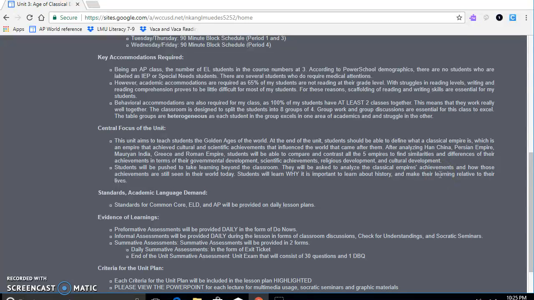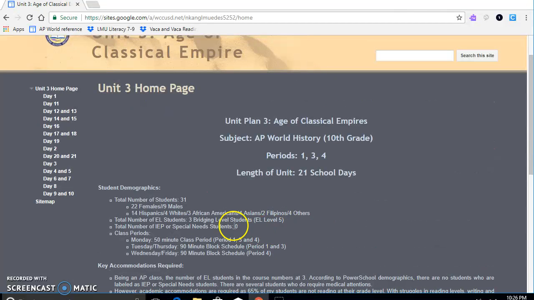Also, because they're classical empires, they achieved a lot of things that we're still seeing in the world today. So hopefully by the end of the unit, my students will be able to see how history is relevant to their lives, as they can see the achievements are still around in the world today.